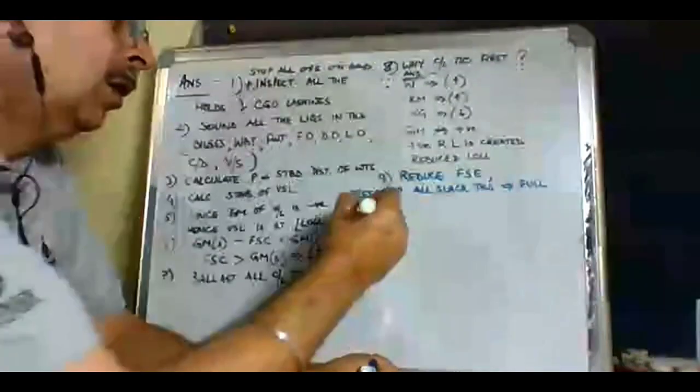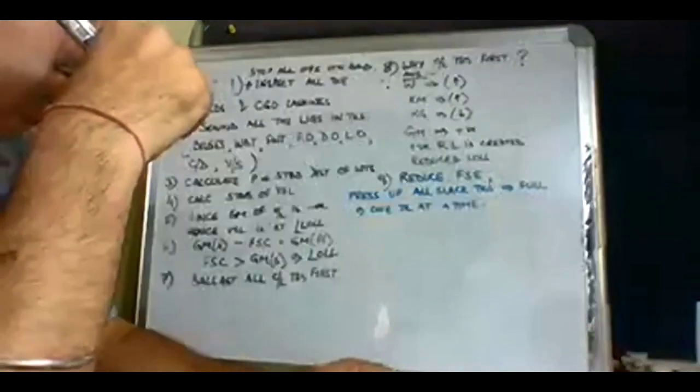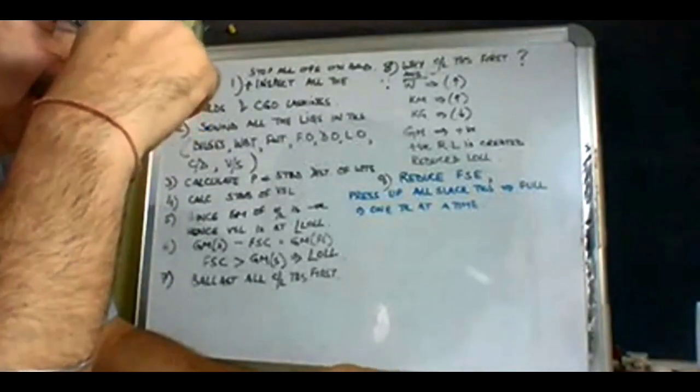To make them full. And this operation, please remember, is done one tank at a time. All our tanks are not opened up at once. We press up all slack tanks full, one tank at a time.